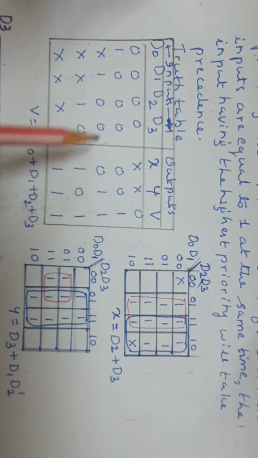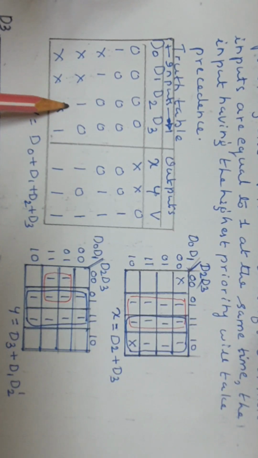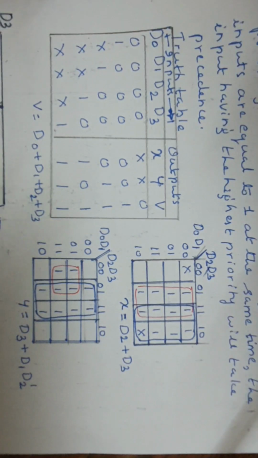So the valid bit is 1. When D3 is 1, irrespective of D0, D1, D2, the high priority is there for D3, hence the output is 1, 1. Valid bit is 1.